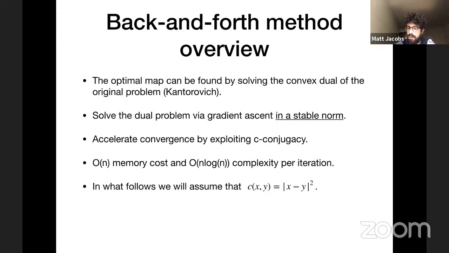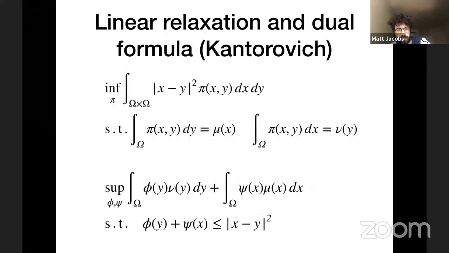I'm going to just focus on this quadratic cost, where you just take the Euclidean distance between 2 points and square it. But you could consider more general costs if you wanted to. So like I said, the starting point is the Kantorovich dual problem, right?